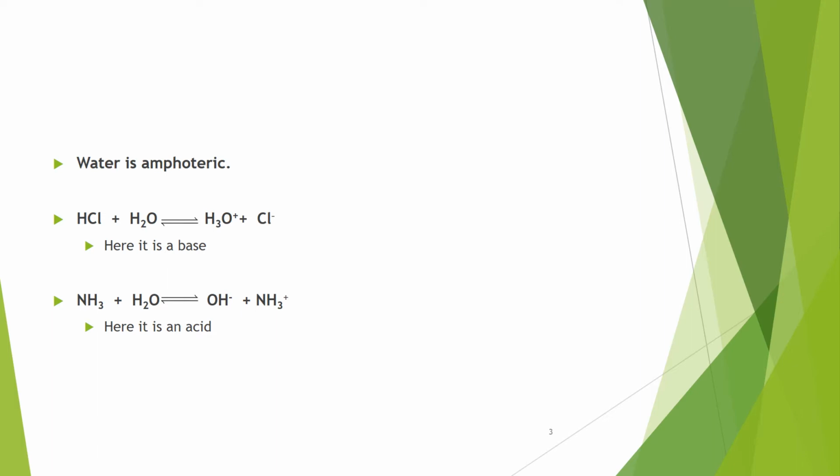So let's talk about the property of water. Water is amphoteric, so it's both base and acid, depending on what it reacts with. If it's reacted with a stronger acid, it's a base, and if it's reacted with a stronger base, it becomes an acid. So it's amphoteric, so it can be acid or base.